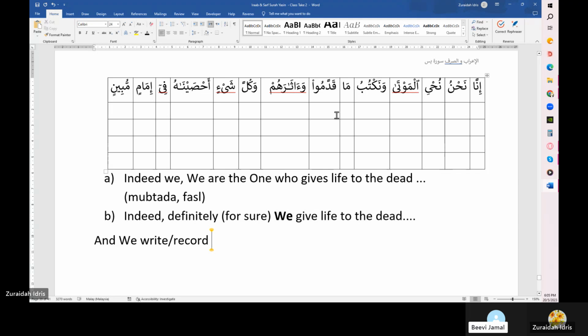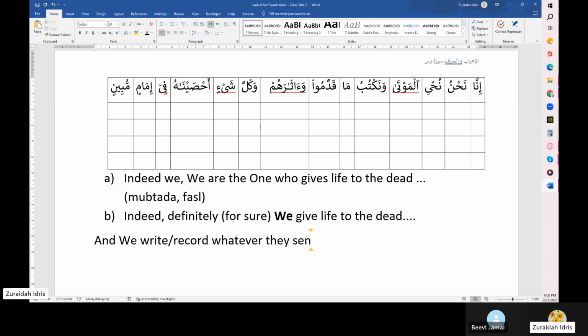We record whatever they sent ahead, qaddamu. Sent, because it's past tense.